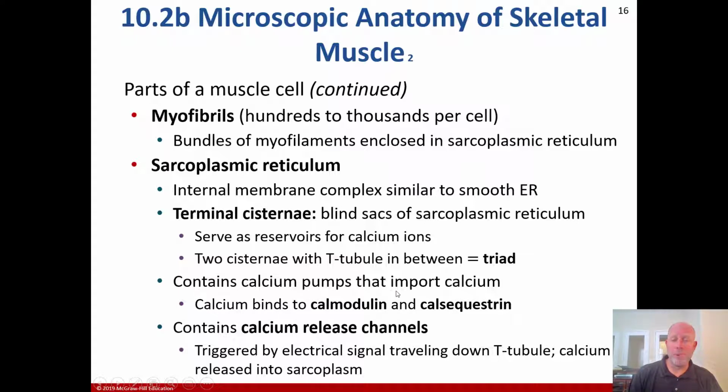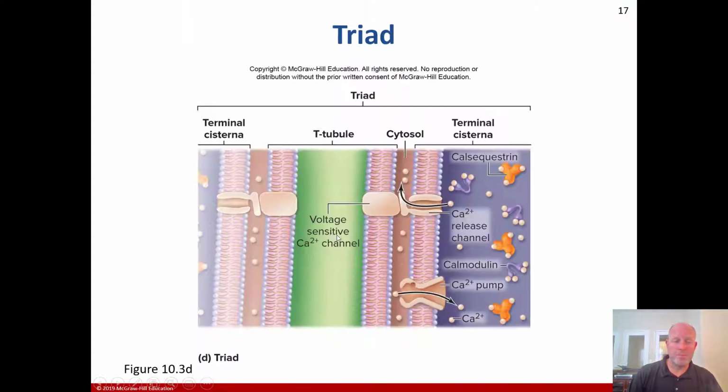It contains calcium pumps that import the calcium, and the calcium binds to calmodulin and calsequestrin, and it contains calcium release channels. These are triggered by electrical signals traveling down the T-tubule, and the calcium is then released into the sarcoplasm. So here's our triad, our terminal cisternae. There's a T-tubule with the cytosol here and the terminal cisternae on the other side.